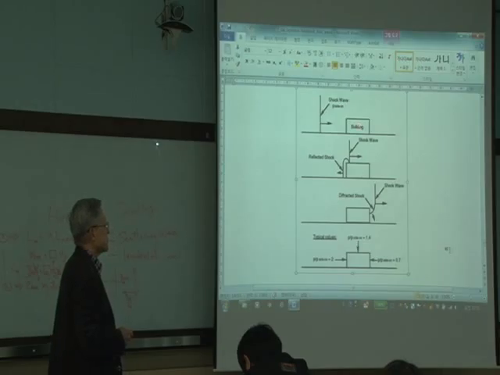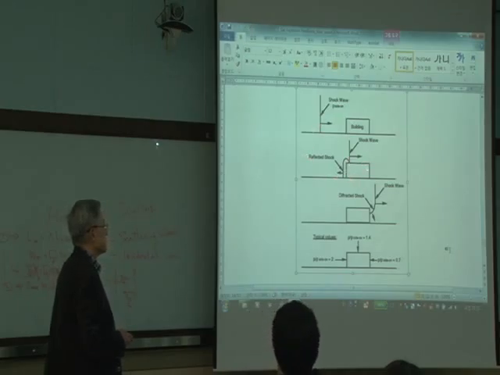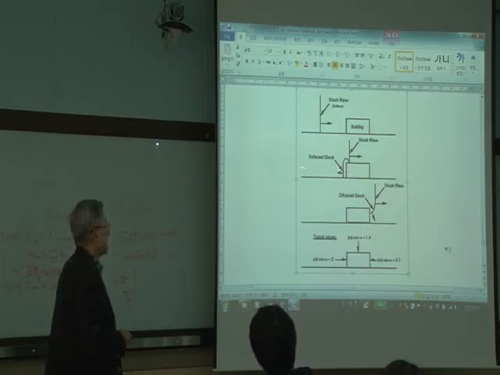Then there is a building, an obstacle, or this could be any ocean systems structure. This is a rigid building, and when the wave hits it, then it has to reflect. So this is part of the reflection wave.